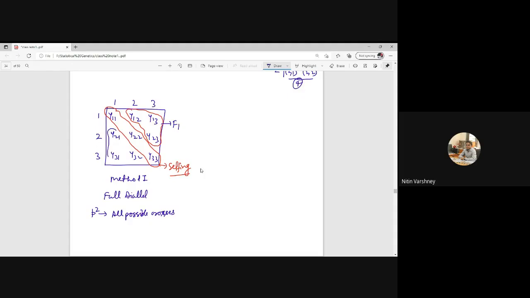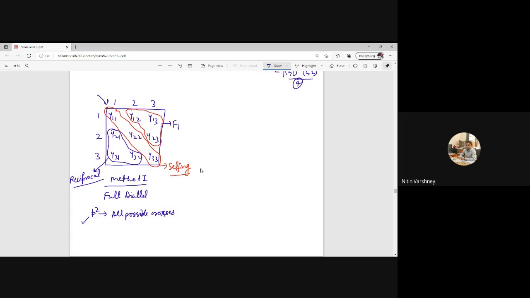And this is known as reciprocal. So 3 types of crosses will be there in full diallel. The diagonal elements will represent selfing. The upper triangle values will be F1, and the lower triangle elements will be reciprocal crosses. So this is method 1 of Griffing, in which the number of crosses will be P square.